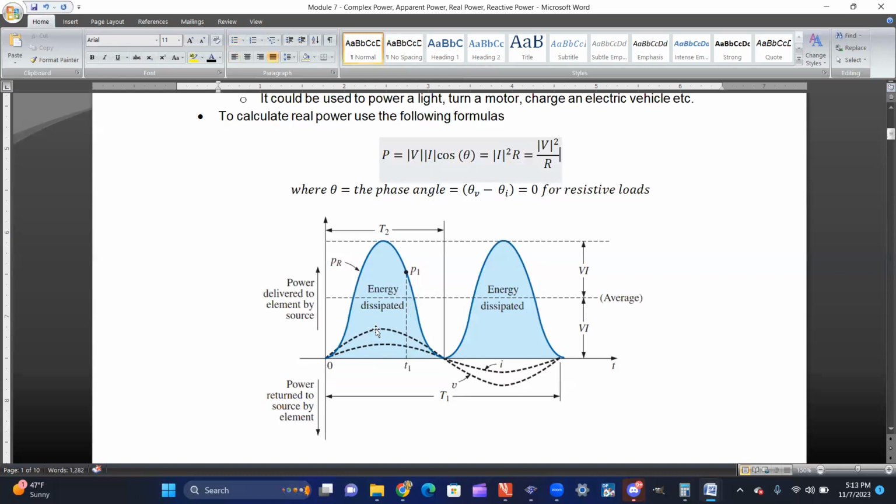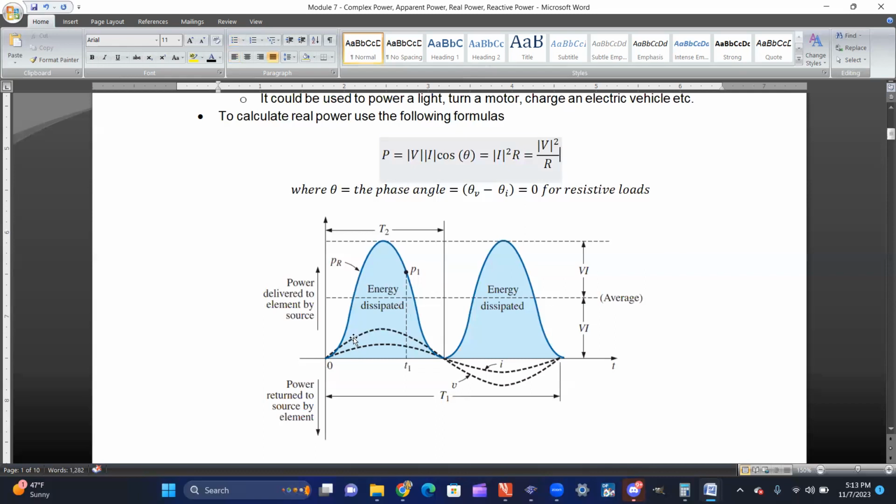So therefore you have a resistive circuit, or a resistive element, because in phase the current is not lagging or leading. And how I know that is because the voltage is reaching its maximum peak at the same time the current is reaching its maximum peak. So they are in phase.